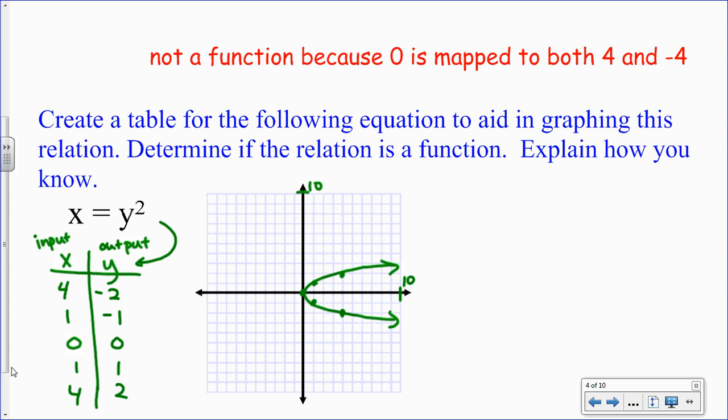No. So if you have 4, -2, and 4, -2, that's okay. But because it's 4, -2, and then 4, 2, it is not a function. You could say the same with 1 and -1 and 1, 1. So no, not a function.